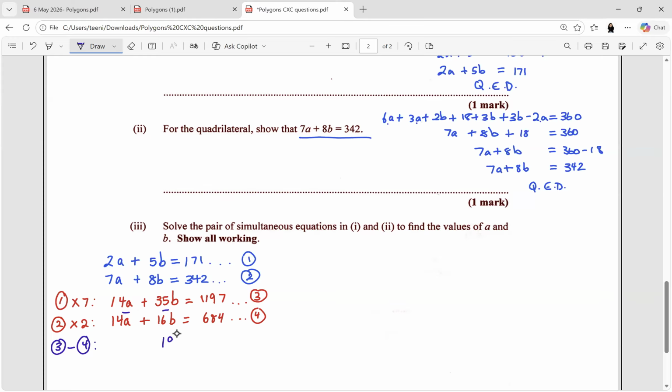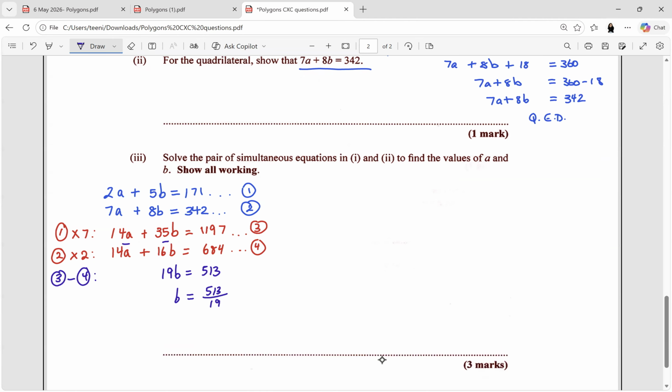So this is 19b. And then 1197 take away 684 is 513. So then B would be equal to 513 divided by 19. So B is equal to 513 over 19, which makes B equal to 27.